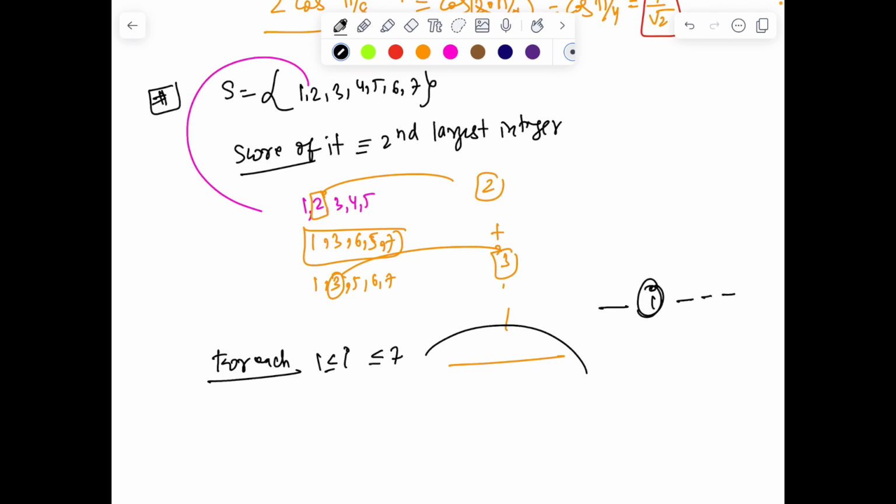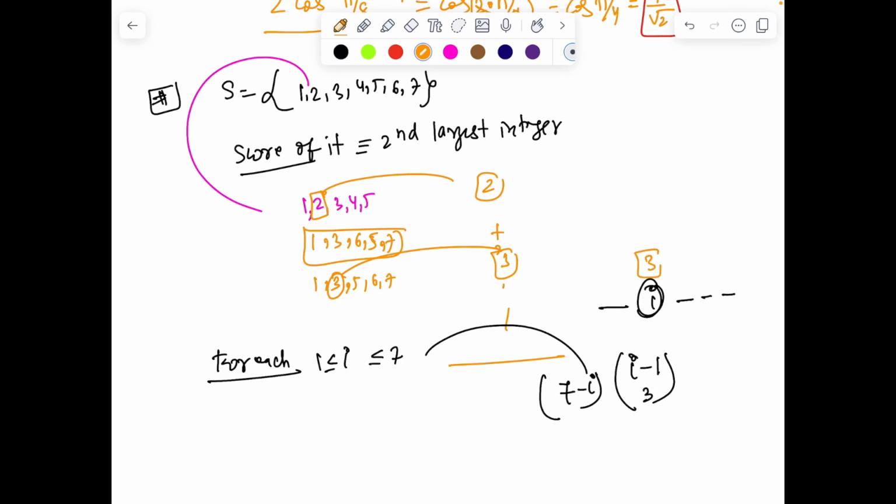So if I is second largest, we have I minus 1 possibilities for the smallest set, and I can select I minus 1 C 3, and 7 minus I. So this many sets will be possible, so that I is the second largest.